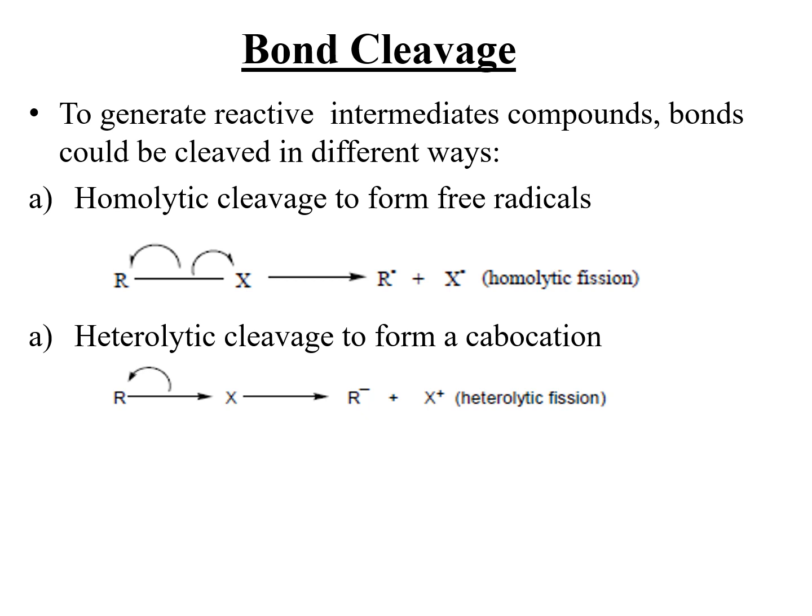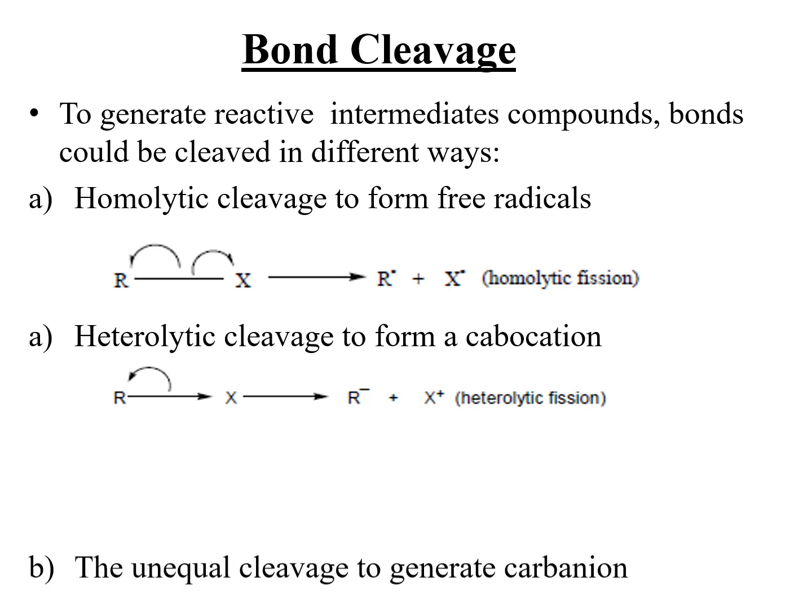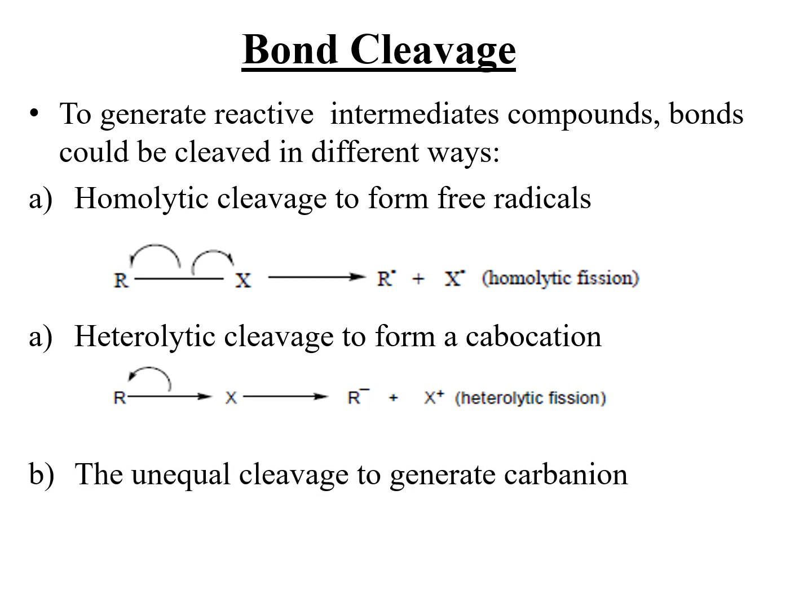Remember, in homolytic cleavage you use half arrows, while in heterolytic cleavage you use full arrows. With full arrows, when the bond is moving towards an atom, that atom becomes a carbanion. When a bond is moving away from the atom, it becomes a carbocation. So in heterolytic cleavage we form carbocation and carbanion. Remember, it involves unequal cleavage, while homolytic involves equal cleavage.